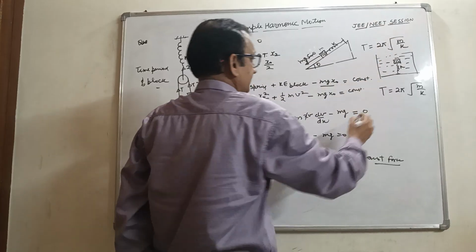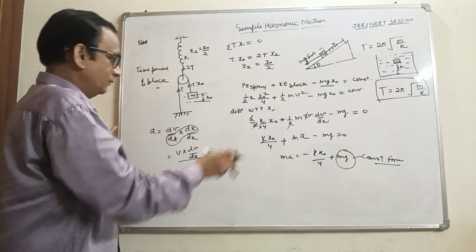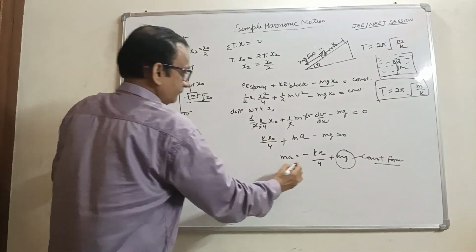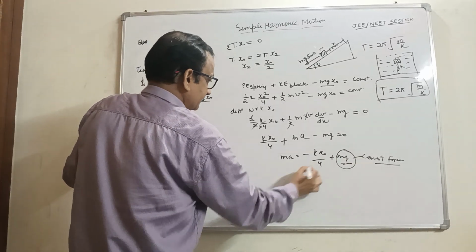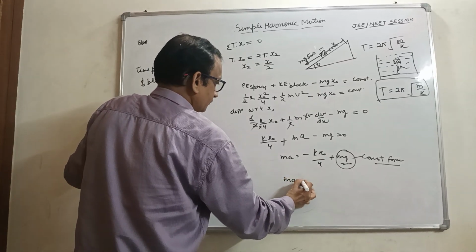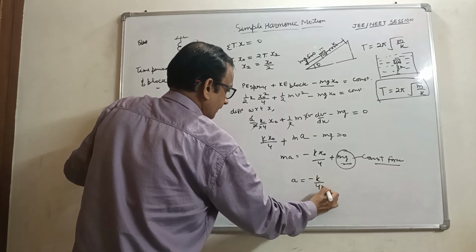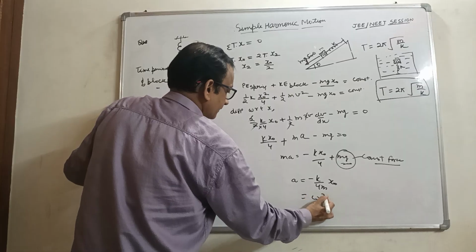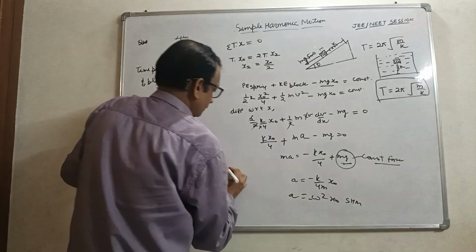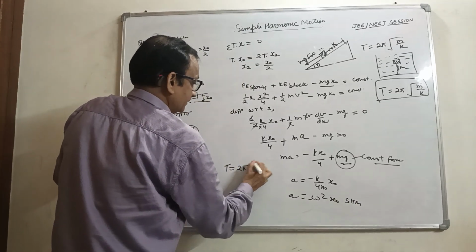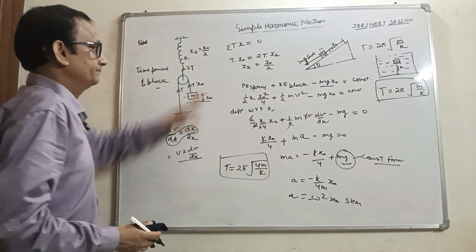So the time period for the spring mass system is always constant. So in this scenario, this is a constant force, and the equation ma equal to minus k by 4m x naught, this is omega square minus x, the equation of SHM. So the time period would be 2 pi root 4m over k. This is the time period of SHM.